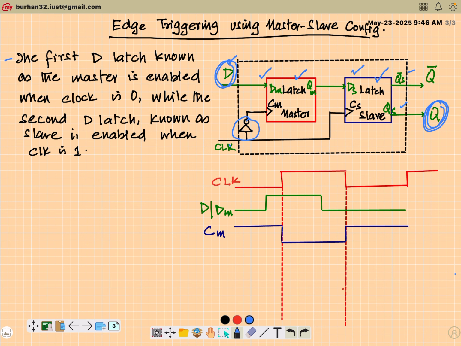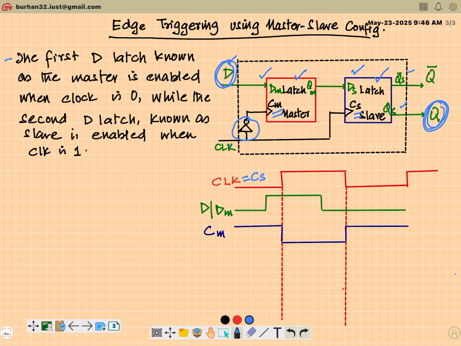Then I have to look at two clocks, the master clock CM and the slave clock CS. The slave clock will be the same as the main clock, but the master clock will be the inverted version of the main clock. So if this is 0 here, it will be 1. This is 1, 0, 0, 1 because of the NOT gate.